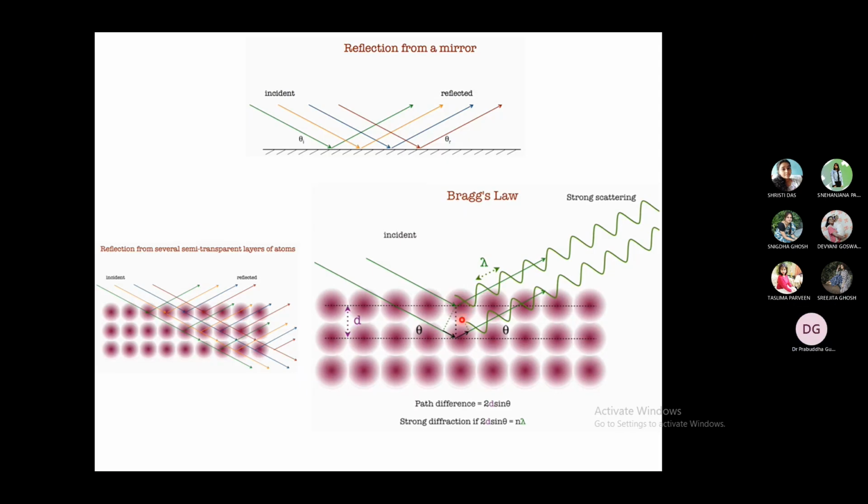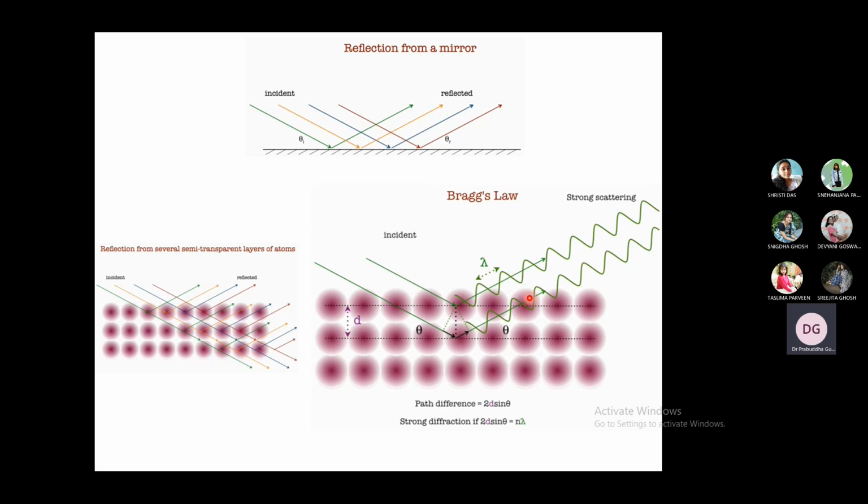So we can invoke the wave motion of the rays here, and waves, we know, can interfere both constructively and destructively. If the peak and trough of both the rays are at the same location, there will be a constructive interference. But if the peak of one ray and the trough of the other match against each other, then these two rays will cancel each other.